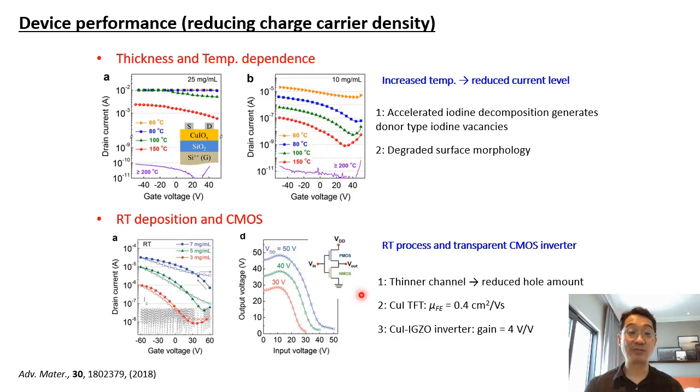So the optimized copper iodide transistor has mobility 0.4 square centimeter per volt second, and the on-off ratio is almost 10. The performance of the copper iodide p-type transistor is not as good as an n-type transistor, as you can see here, but this is a first report of applying copper iodide for a transparent p-type transistor.